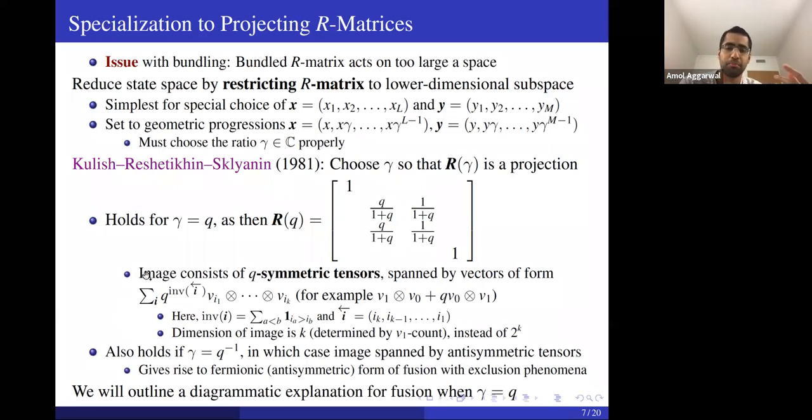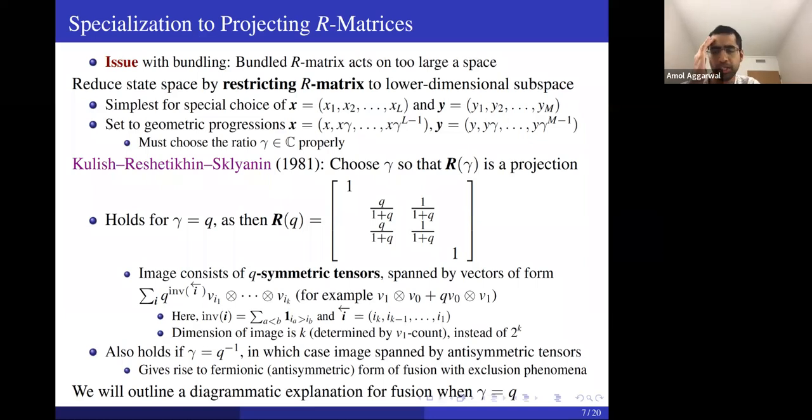Any pure Q-symmetric tensor is determined by the number of v1 components in it, which makes the space of Q-symmetric tensors of dimension k instead of 2 to the k. So this is indeed a much lower dimension.